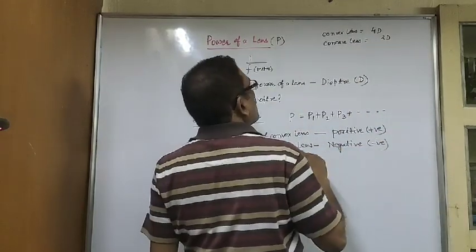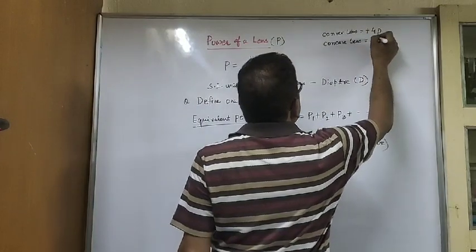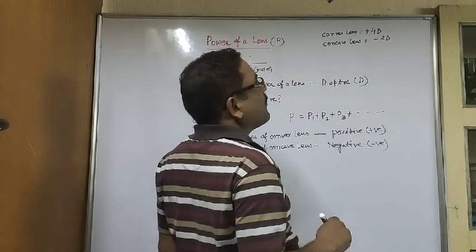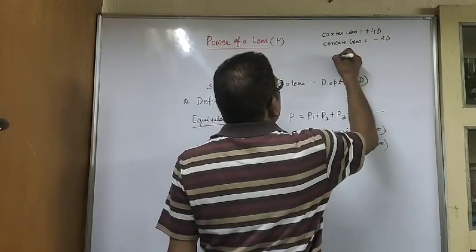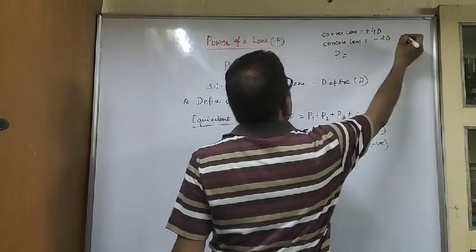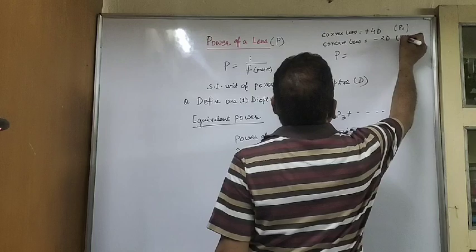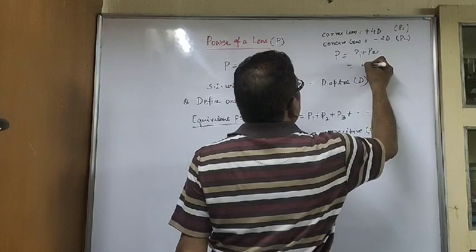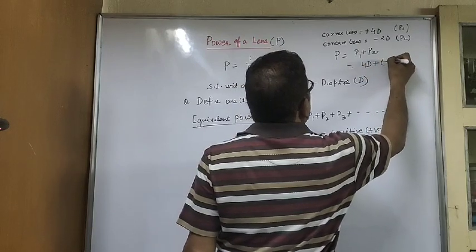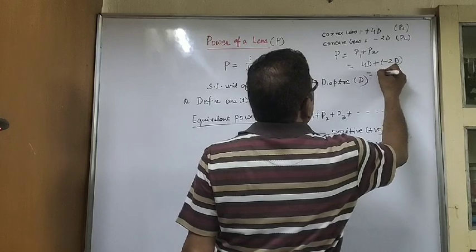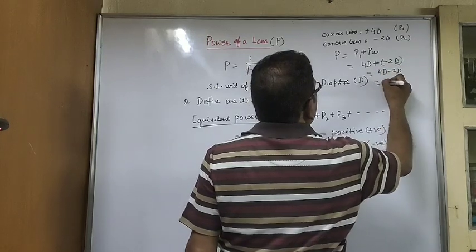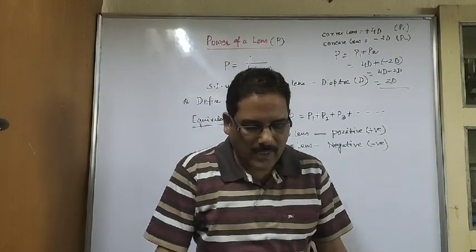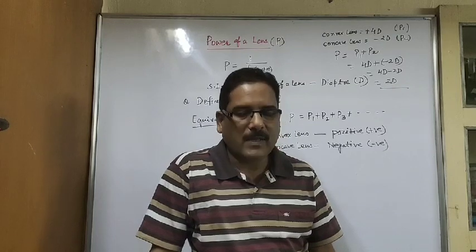Power of a convex lens is positive, so we write plus 4 diopter, and a concave lens is negative, so it will be minus 2 diopter. To calculate the equivalent power, this is P1 and this is P2, so it will be the sum of these two powers. You can write 4 diopter plus minus 2 diopter, so it will be 4D minus 2D. So the equivalent power is 2 diopter. In this way you can calculate the equivalent power of lenses.